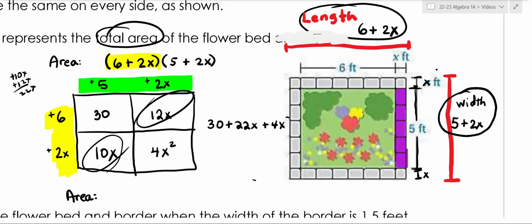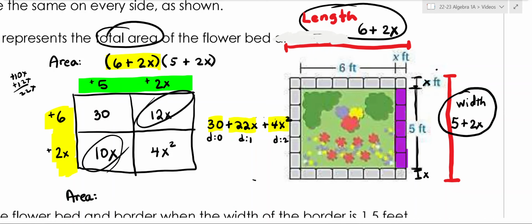Now, did you notice what's wrong with this? It's not in standard form. So we have 3 terms. We have this one, that one, and that one. And 30 doesn't have any variable, so it's just degree 0. 22x, x is the variable, degree 1. And 4x squared, x is the variable, exponent 2, so this is degree 2.